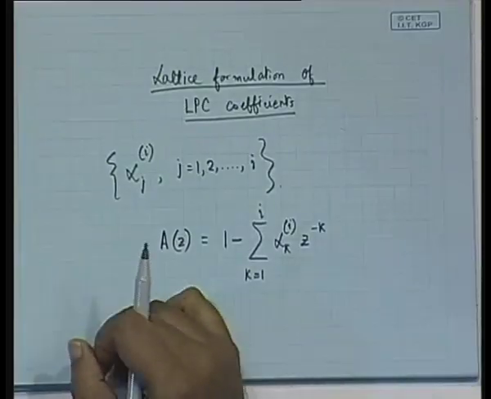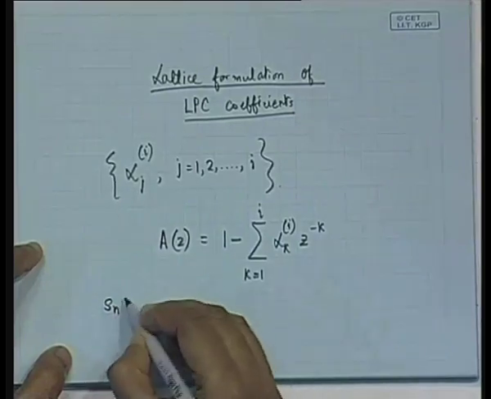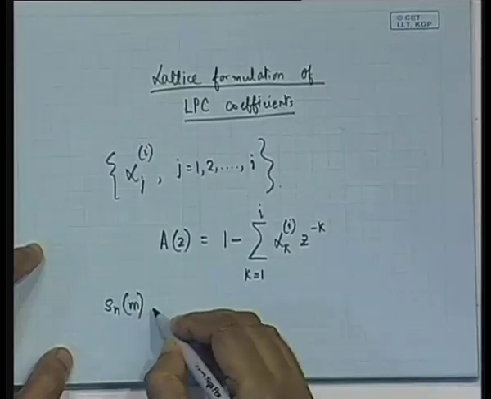Now in this filter, if we give a speech segment as an input, then what would you expect at the output of that filter? This is a filter realized out of the prediction coefficients. So what I am asking is, the input is the speech segment, and we are going to write it as s subscript n of m.